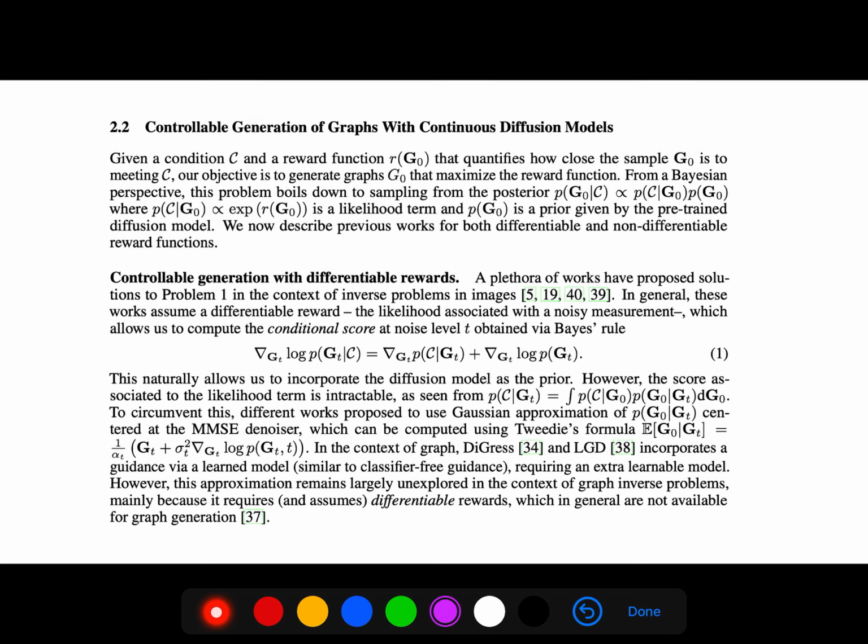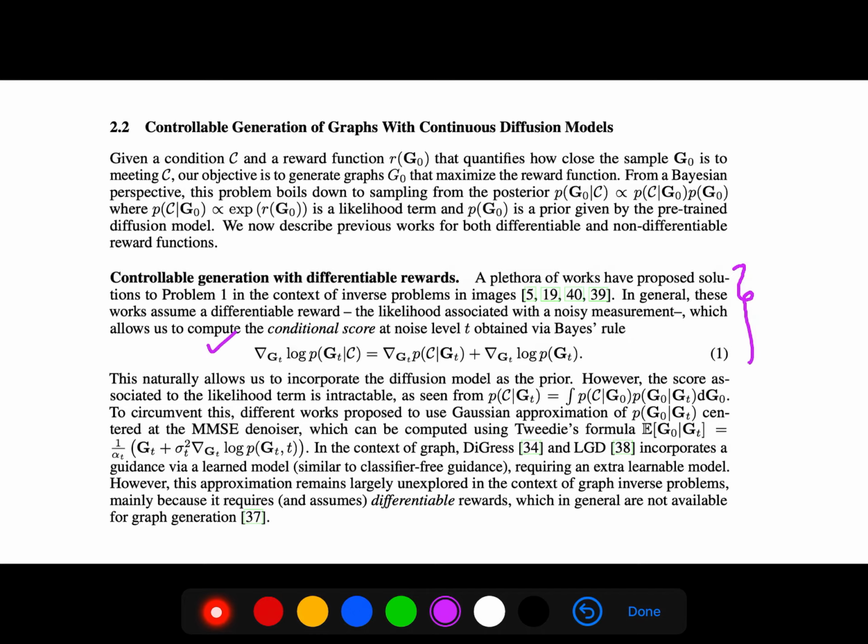So this is the controlled generation of graphs with continuous diffusion models. A plethora of work proposed solutions of problem 1 in the context of inverse problems in images. In general, these works assume a differentiable reward, the likelihood associated with a noise in measurement, which allows us to compute the conditional score at noise level t obtained via Bayes' rule.